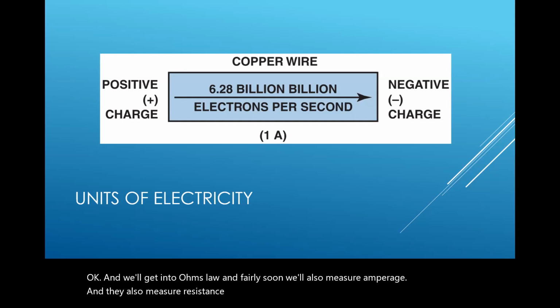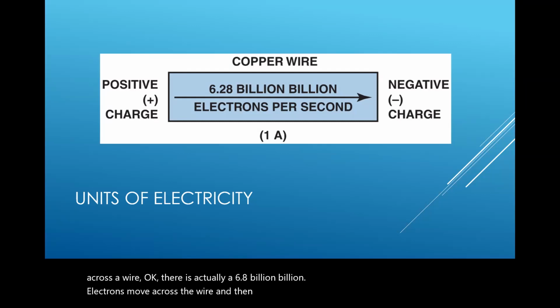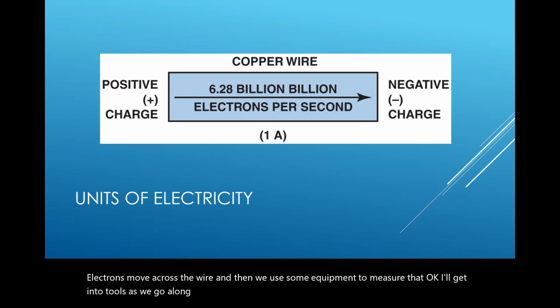So if you look at how many amps go across a wire, there are actually 6.8 billion electrons moving across the wire, and then we use some equipment to measure that. Okay, and I'll get into tools as we go along too, and how we actually do those measurements.